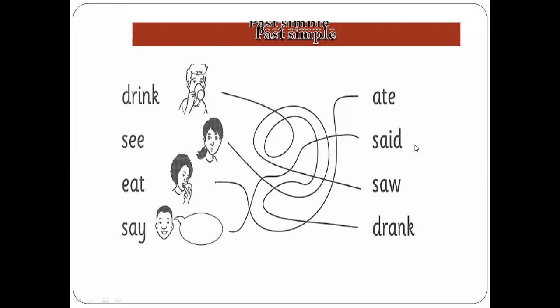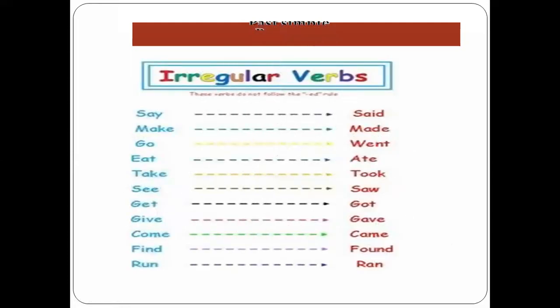Here on your screen, you can see irregular verbs. Why are they irregular verbs? Because we are changing the spellings. If the spellings are changed, we say these are irregular verbs. If the spelling remains the same, we say these are regular verbs. Here are some more examples of irregular verbs.